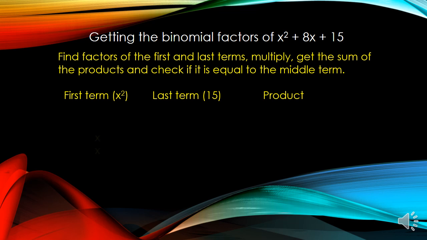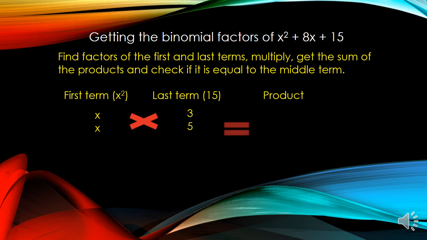Then think of the factors of x squared. Of course, the factors are x and x. Then also think of the factors of the last term, which is 15. What are the factors of 15? It can be 15 and 1. It can be 3 and 5. So here we consider the pair of 3 and 5. Then multiply. So meaning we multiply x and 3 and we multiply x and 5.